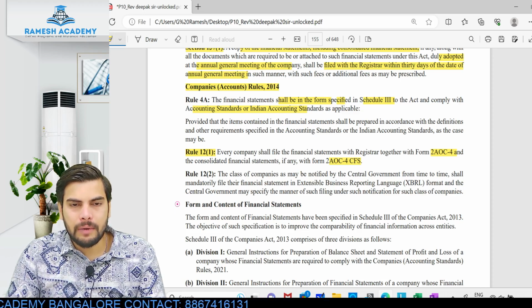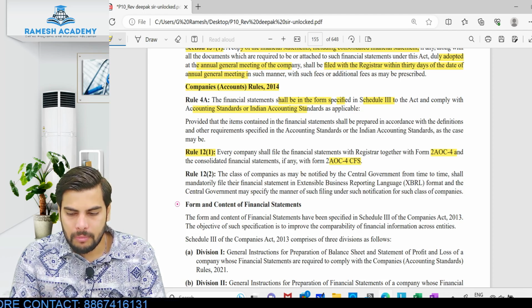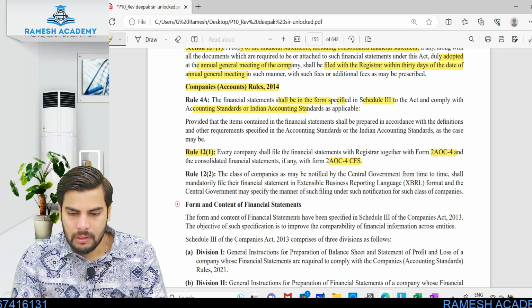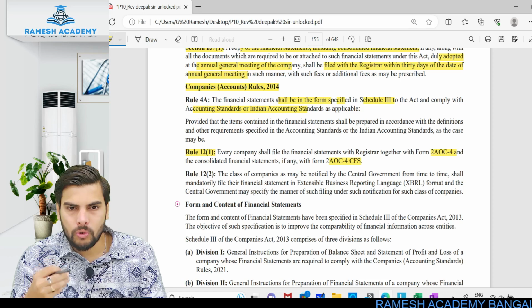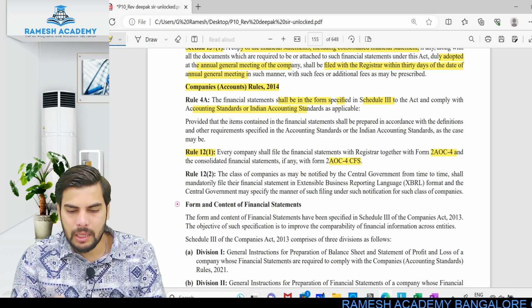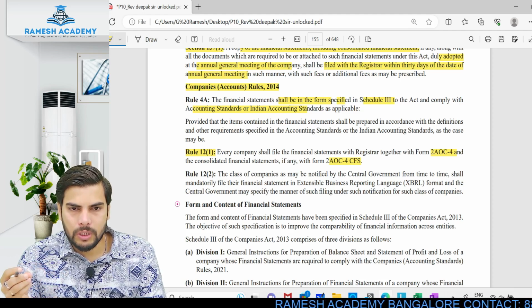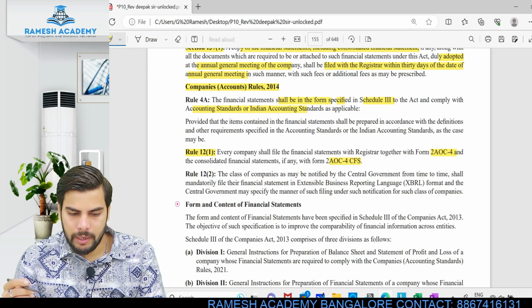There is a prescribed form for this, and that form is AOC4. Just remember this much, AOC4 more than sufficient. Those entities which have subsidiary companies will have to submit the consolidated financial statement in Form AOC4 CFS. CFS is nothing but consolidated financial statement.